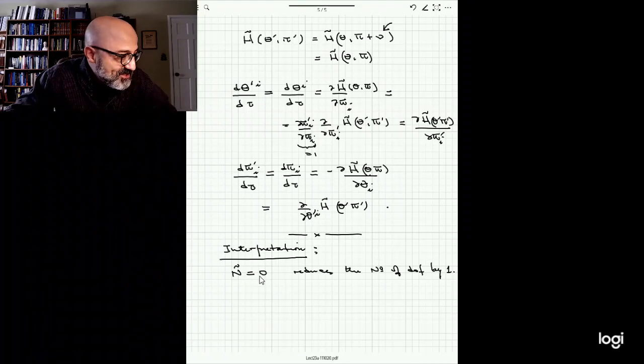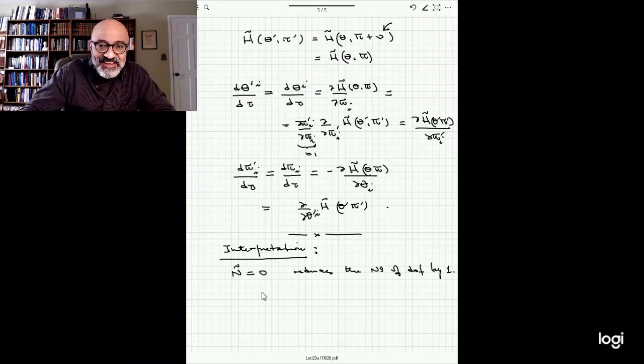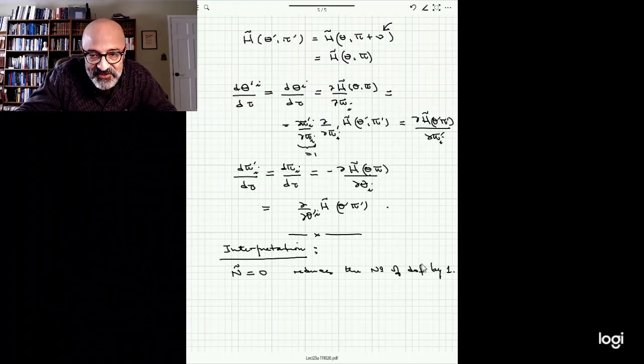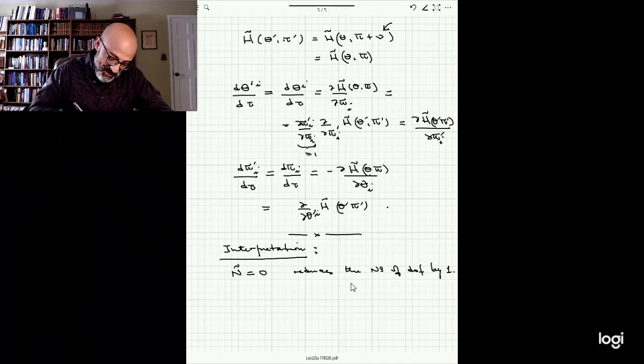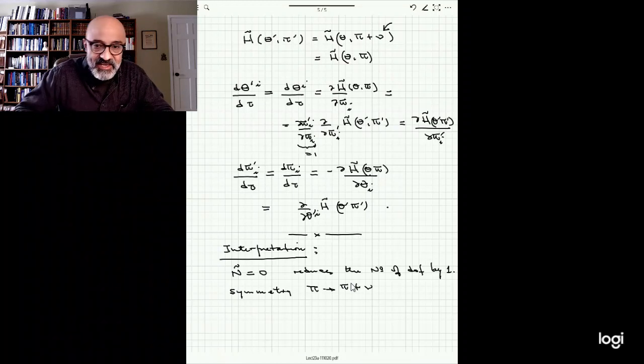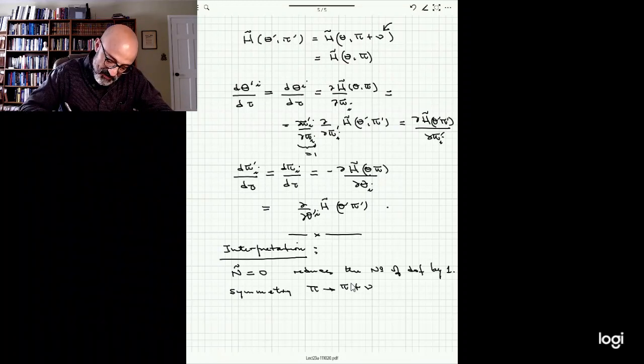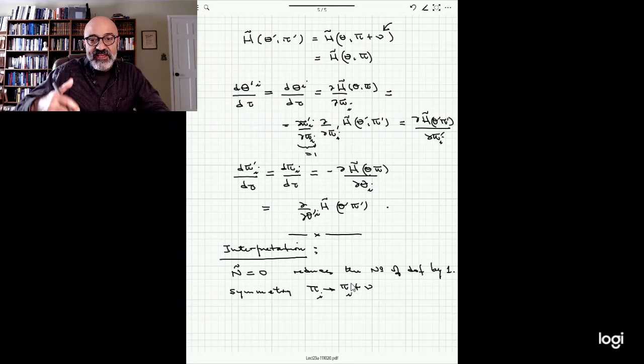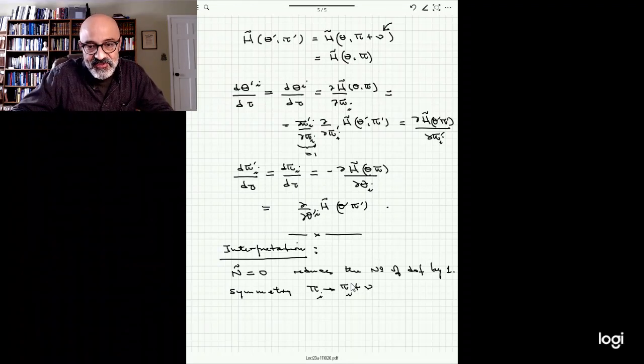So the question that arises is, okay, you got rid of one of the coordinates, what happens to the momenta? The symmetry that we have just uncovered, which is basically that you go from pi to pi plus any constant, eliminates another degree of freedom of the momentum.